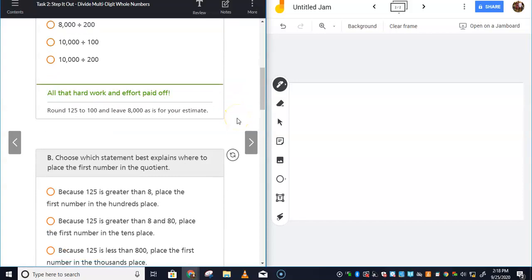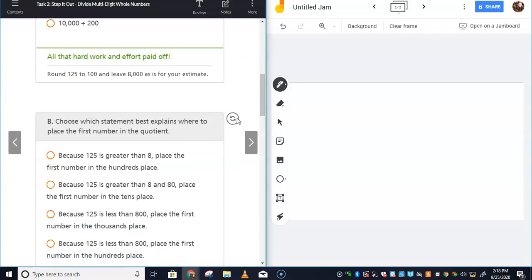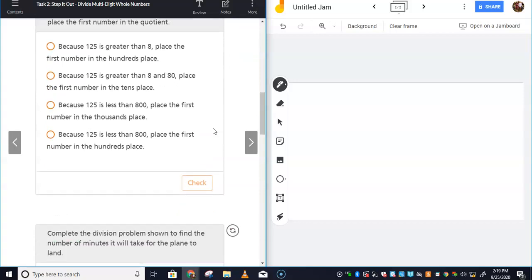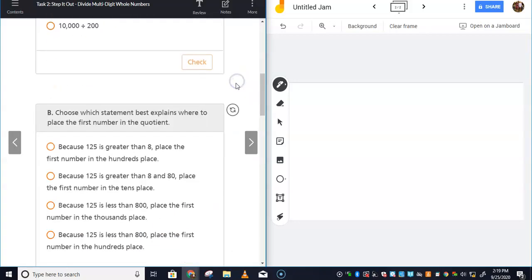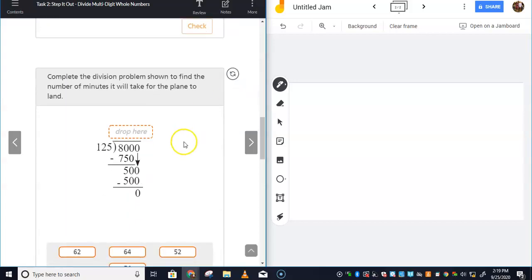Choose which statement best explains where to place the first number in the quotient. I'm not digging that problem. I'd rather you skip that problem and go down to actually solving it. So on our piece of work paper, we're going to take 8,000 and divide it by 125.